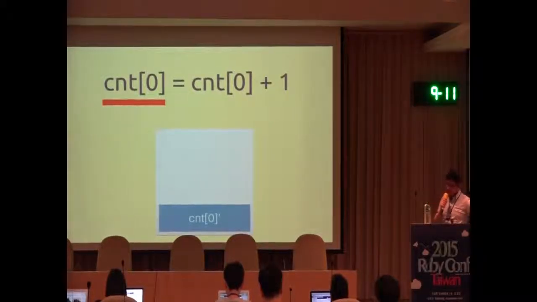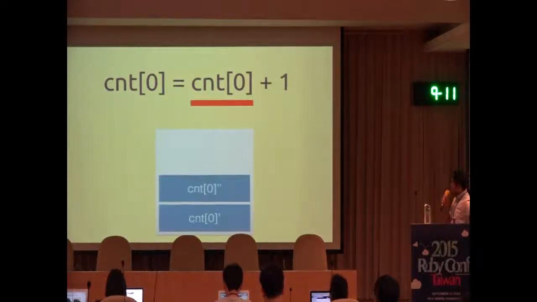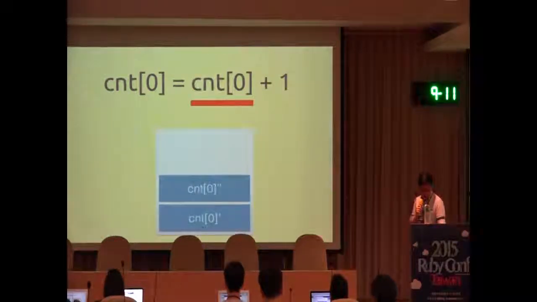Once it's committed, the VM will put the result object onto the calling stack, which here we call count 0 dot ground. So the second one is about the same, so I'm not going to describe it in detail.